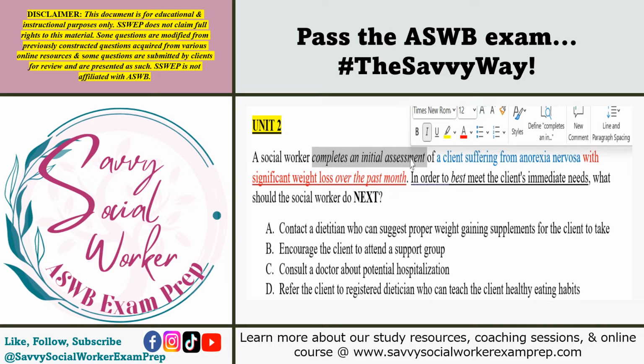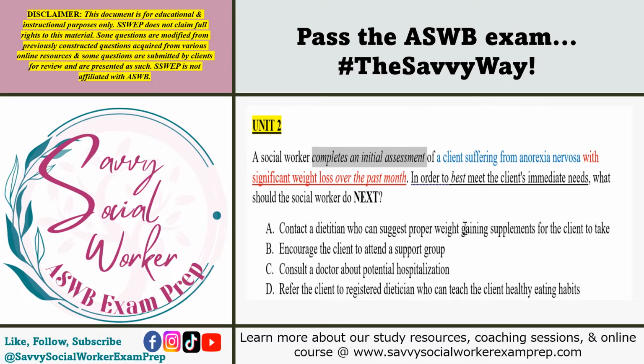So I know that after I complete an assessment, then I'm going to move on to the planning stage, because I've gathered the information about the client's priority issue. Now it's time to plan a way to address it. So in this phase, we're identifying what the client needs to address the issue, and ways to go about meeting those needs, right? That's the phase we're going into, the planning phase.